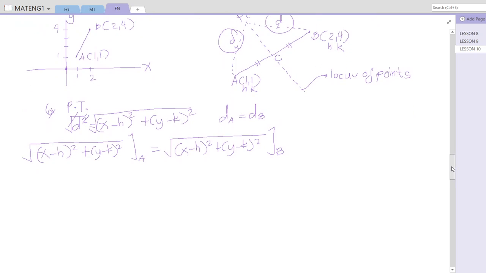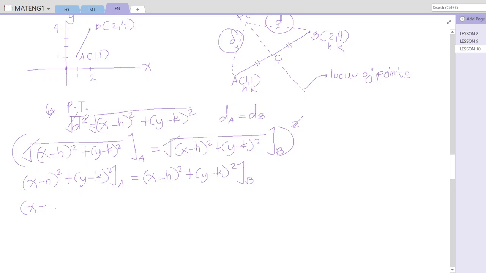Okay, so we have to remove the square root, so we raise this one to 2 so that it will be cancelled, and what remained there is (x minus h) squared plus (y minus k) squared at point A, and that is equal to (x minus h) squared plus (y minus k) squared at point B.